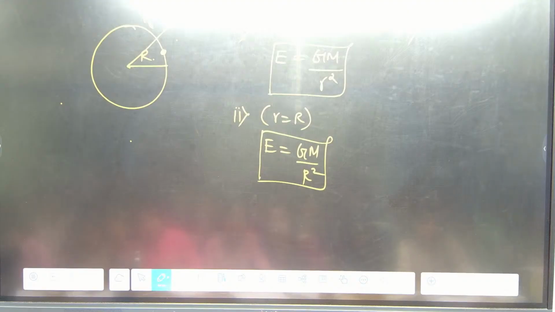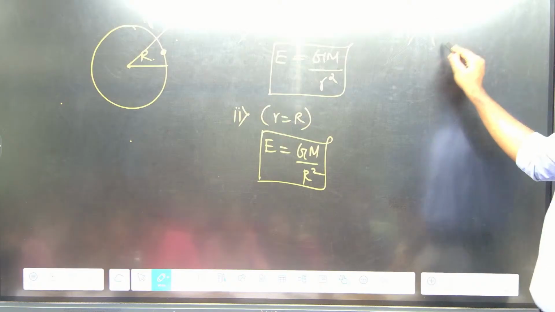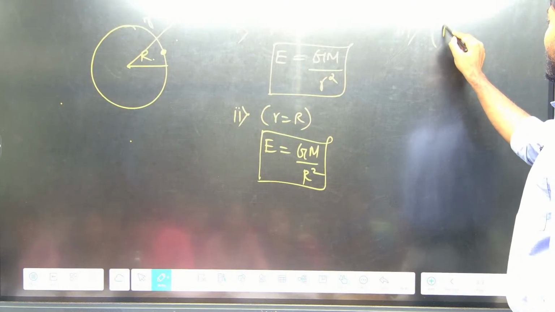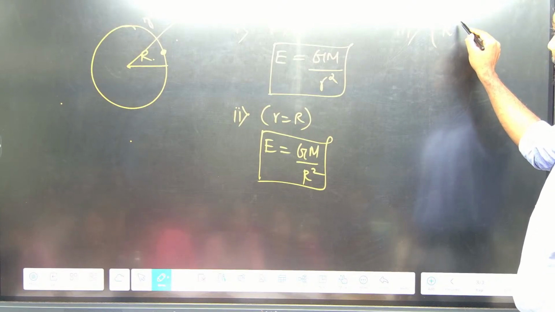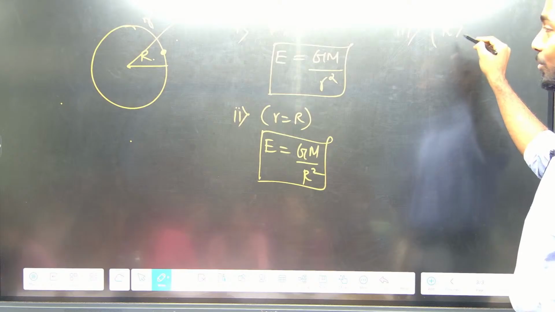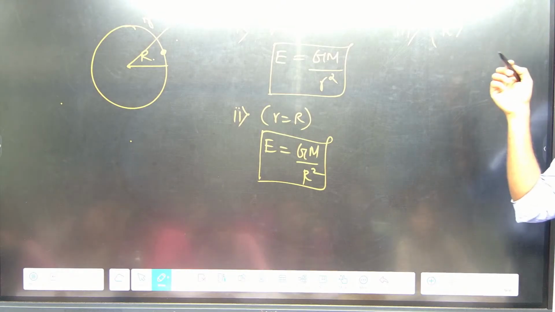Completed first 2 points. Third one is inside the shell. So in this, R will be greater than small r.